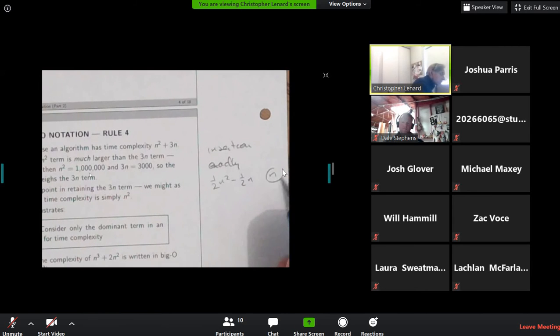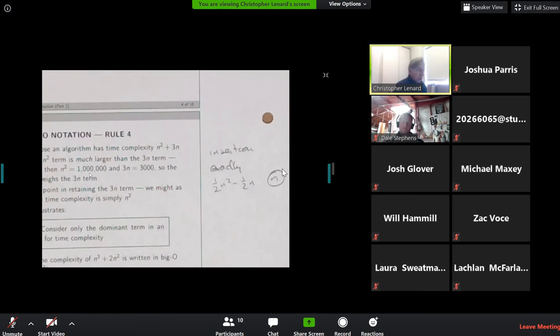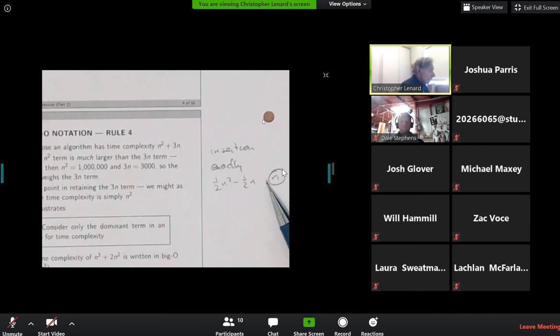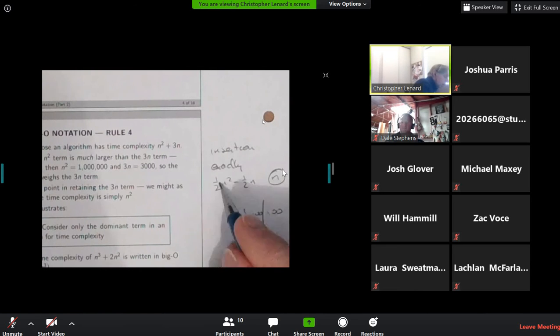So if I know the size of the input n, I know exactly how many comparisons there will be in the worst case. This fourth rule says that when n is very big, let's say even 100, a half n is a half times 100, but a half n squared is a half of 100 squared, which is 10,000.